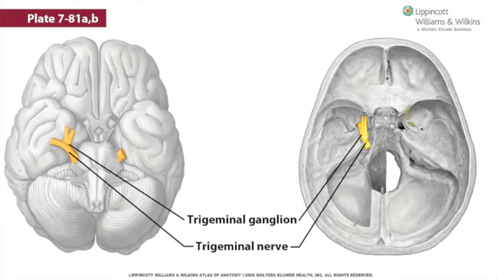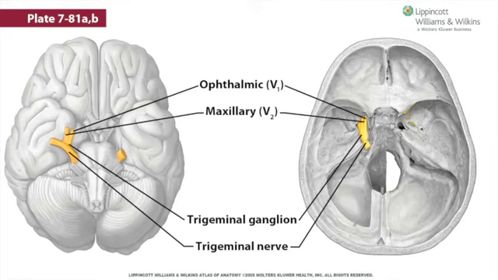The trigeminal ganglion is located on the floor of the fossa just anterior to the crest of the petrous portion of the temporal bone. Distal to the ganglion, the sensory root, which at this point is made up of peripheral processes of the sensory neurons, branches into three divisions, which are abbreviated V1, V2, and V3, and are named the ophthalmic, maxillary, and mandibular divisions.